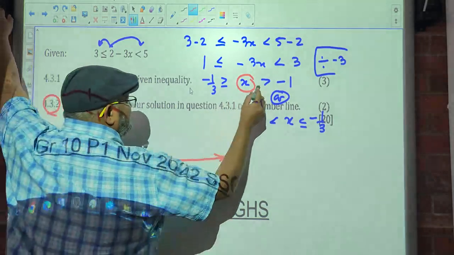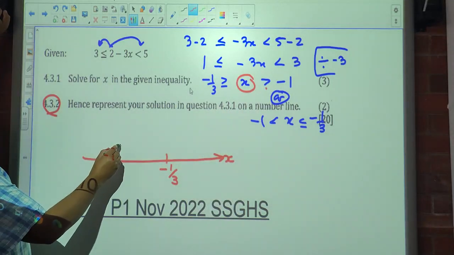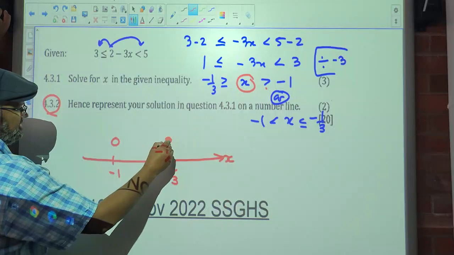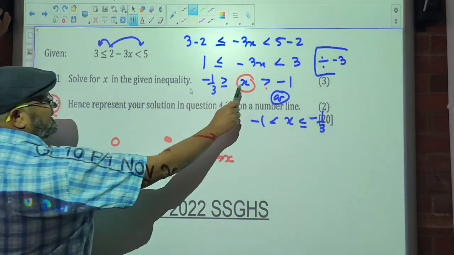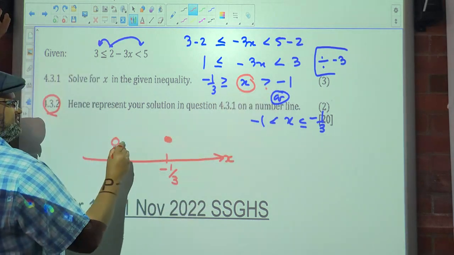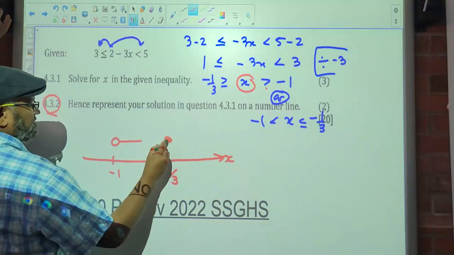Does negative 1 get a closed or open circle? Open circle. The negative a third? Closed solid circle. So what does it say? x must be greater than negative 1. So I'm going in the positive direction. And x must be less than or equal to.